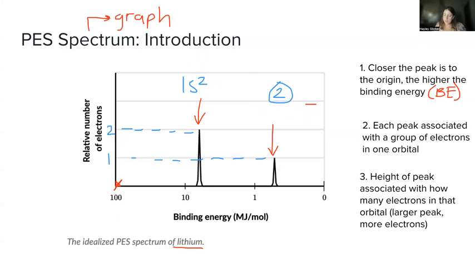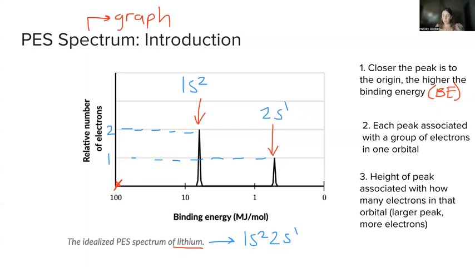Next, our second peak is representative of our 2s orbital. It has a height of 1, so this is our 2s1, where 1 electron is in our 2s. And because you all know how to do electron configurations now, we can verify that the actual electron configuration of lithium is 1s2, 2s1. So what we've just seen in this spectrum verifies that lithium's electron configuration is 1s2, 2s1.